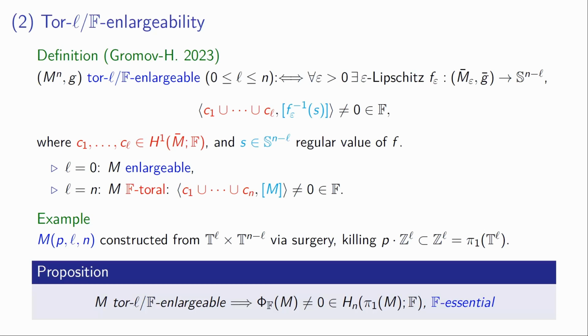So the formal definition goes as follows: for every epsilon, there is a map F epsilon, which is defined from some covering space of M, which I call M bar epsilon, can also be finite, to a sphere of a different dimension, n minus L, such that when you take the pre-image of a regular value, this is then an L-dimensional closed submanifold of M bar epsilon. This is detected by a product of one-dimensional homology classes, C1 up to CL. So this means we take the previous definition, but we replace the usual mapping degree by an L-toral mapping degree.